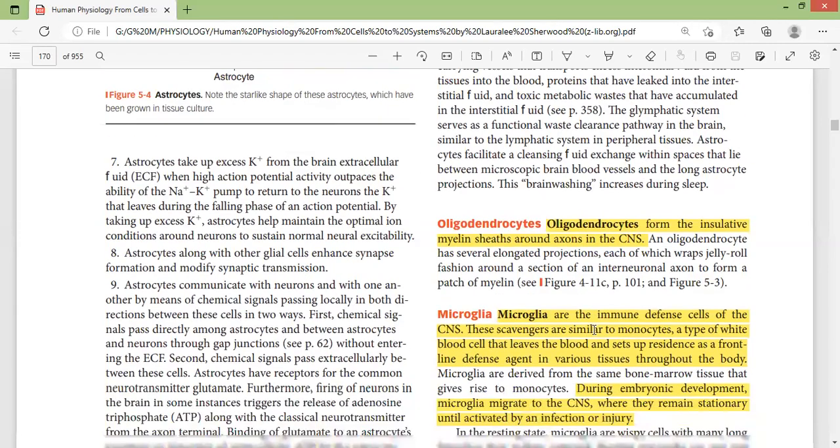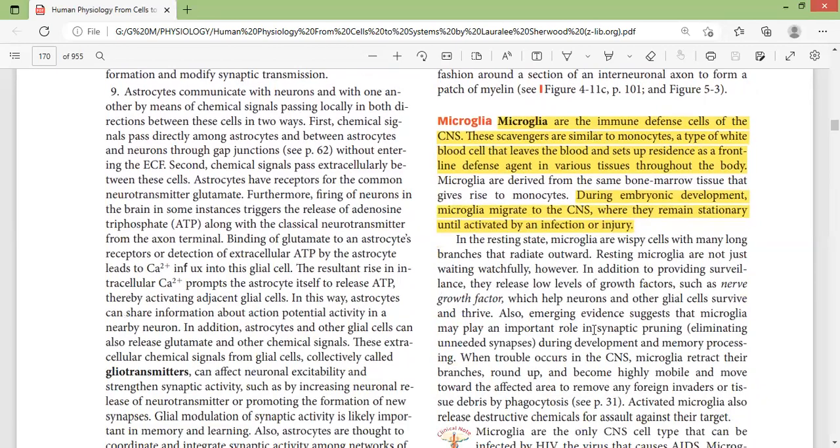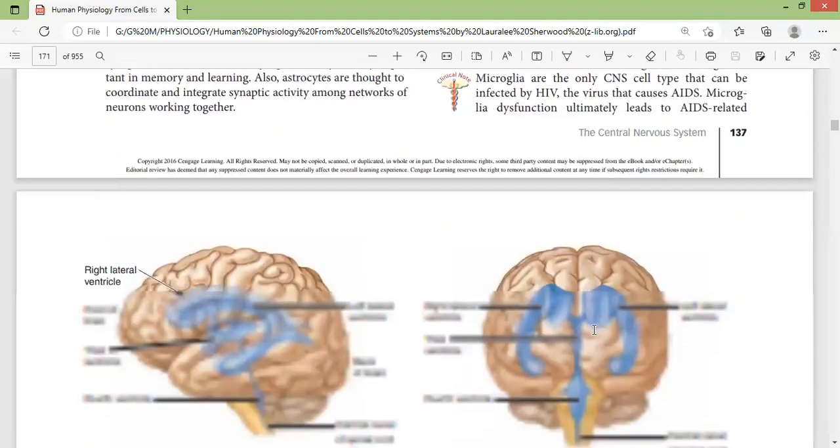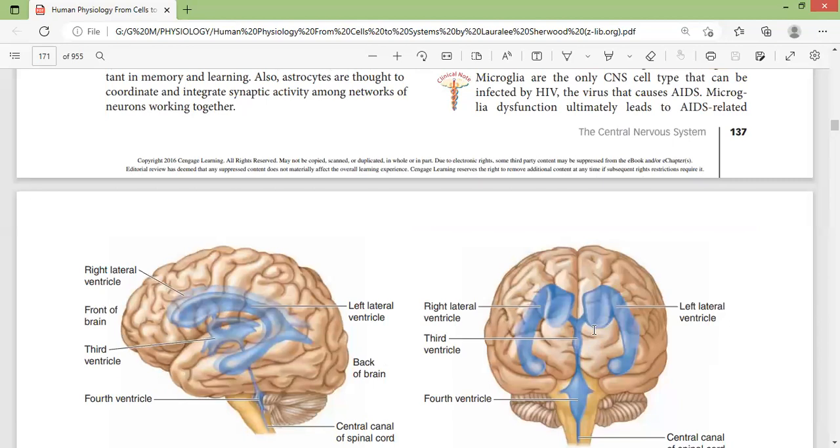And then also we have the microglia. The microglia are the immune cells of the CNS. They are sort of like the macrophages of the CNS. They are phagocytic in nature. So the microglia are more of the defense cells of the CNS, right?